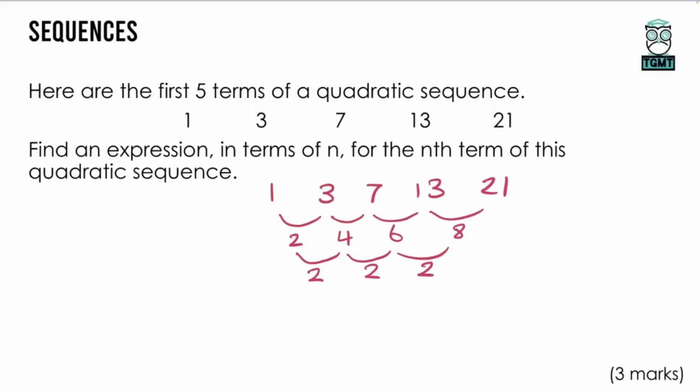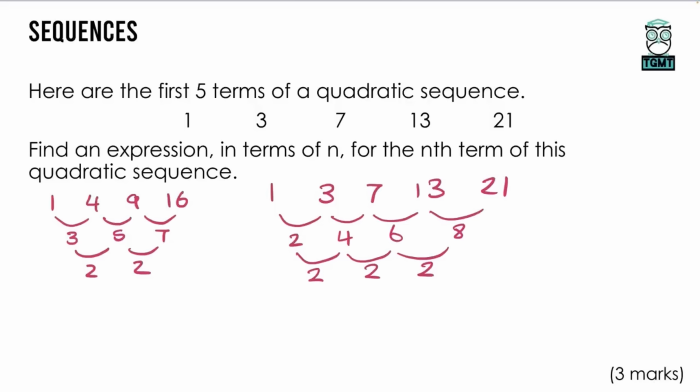Now, a second difference of 2 is a unique property of the square numbers. If you actually draw out the square numbers, you'll see 1, 4, 9, 16. They have a second difference of 2. We first get 3, then 5, then 7, and then the second difference is 2. So all that finding a second difference of 2 tells us is that it's somehow related to the square numbers.